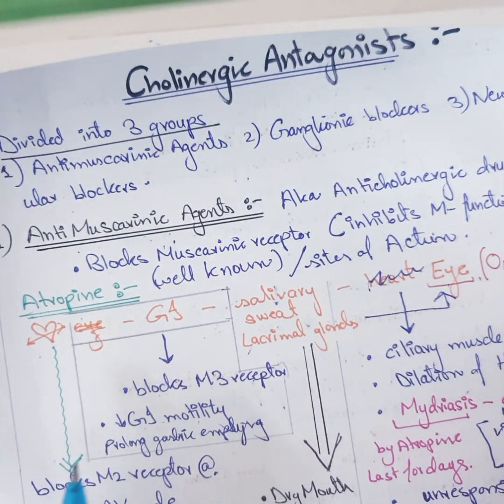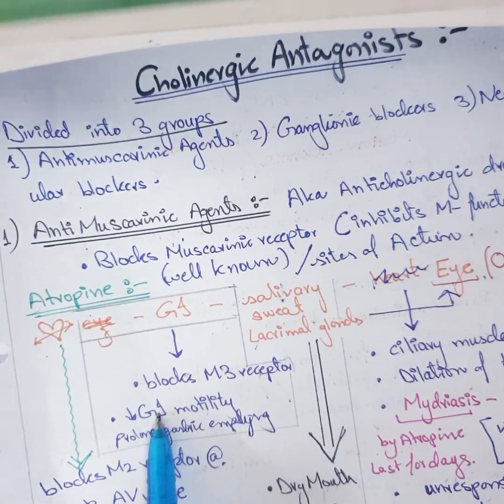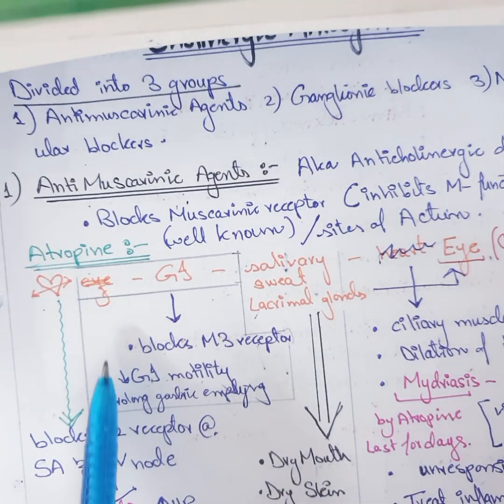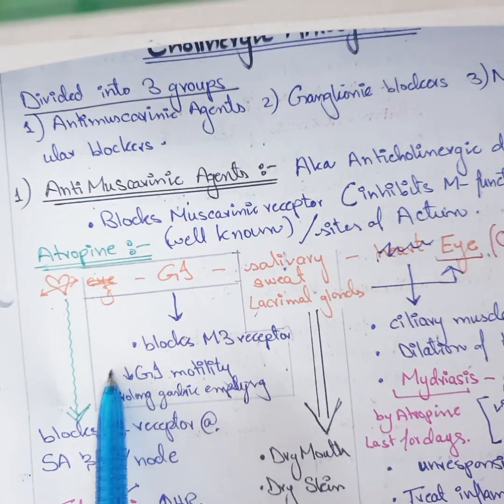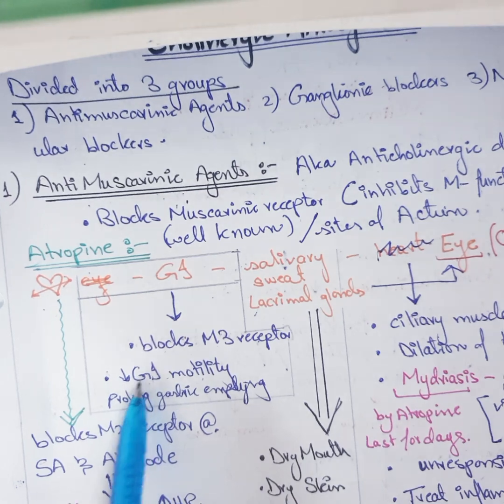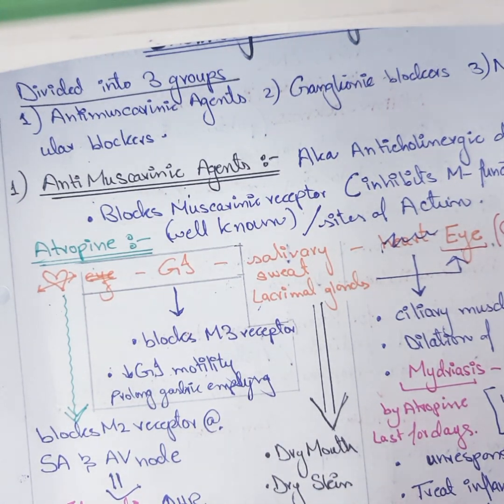Although gastric motility is reduced, hydrochloric acid production is still not affected. Thus, we cannot use atropine for the treatment of ulcers. The doses of atropine that reduce spasm also reduce saliva secretion and decrease urination.